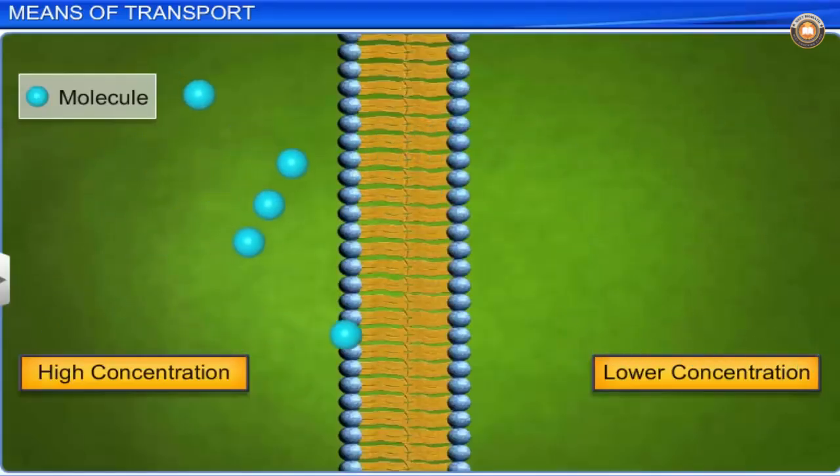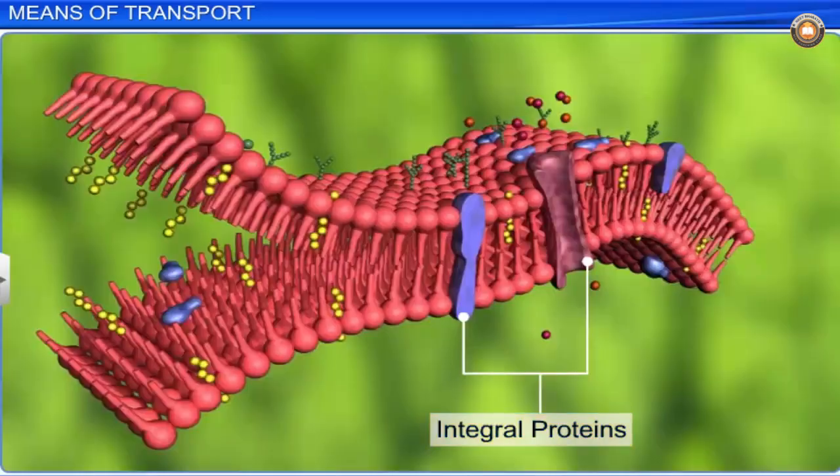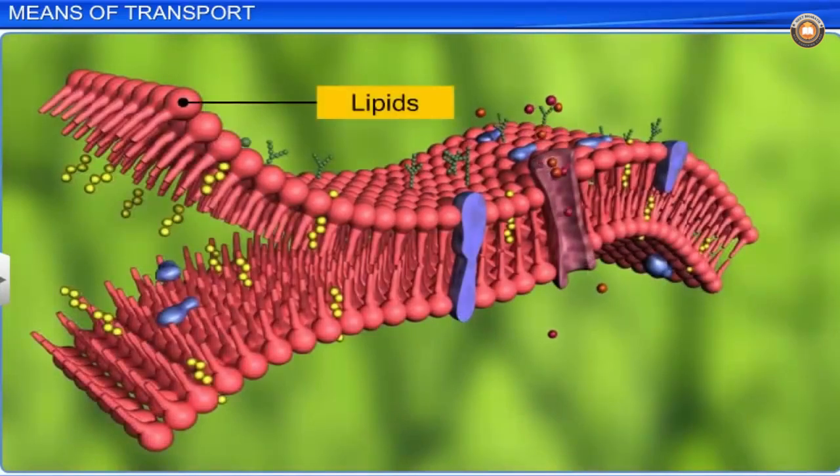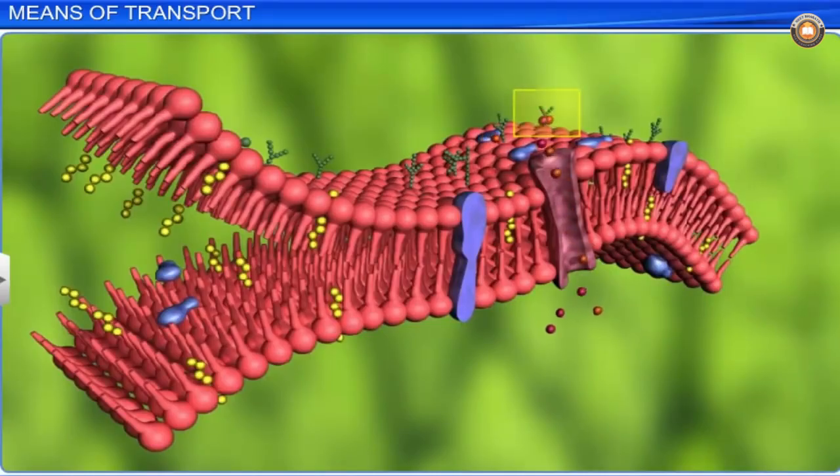As for size, the bigger the molecules, the slower the rate of diffusion. And since all membranes are made up of lipids, lipid-soluble substances diffuse faster. For this same reason, hydrophilic or water-soluble substances find it difficult to diffuse through membranes.